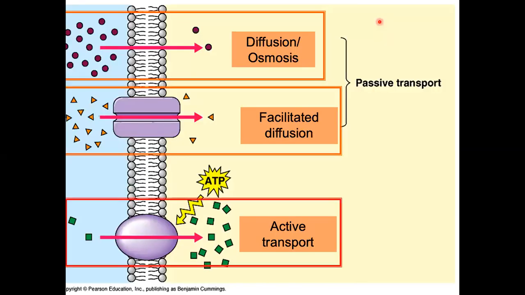Active transport is when you take a molecule from where it's least concentrated and shove it where there's more of that molecule. Your body doesn't like to do that, and so you need to use energy to get this guy to work. So ATP is going to bind to this transport channel, split into ADP and phosphate, and when you break off that third phosphate group, you're going to release energy that's going to drive this pump.